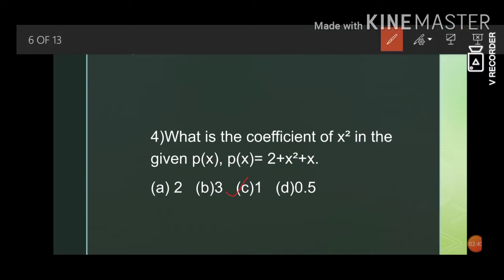Which of the following is the coefficient of x square in the given p x? So we have to find the coefficient of x square. Here in the following p x we have 2 plus x square plus 1. So the coefficient of x square is 1. So our correct option is 1.